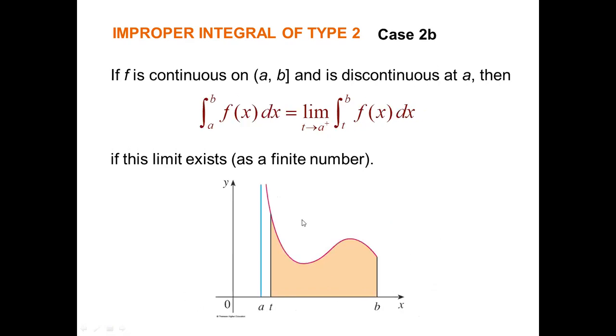This one is case B, because we are approaching the value x equal to a from the right side, because this time it's the upper limit b which is fixed and the lower limit a which is being approached from the right side of the Cartesian plane. So that's your case under improper integral of type 2.